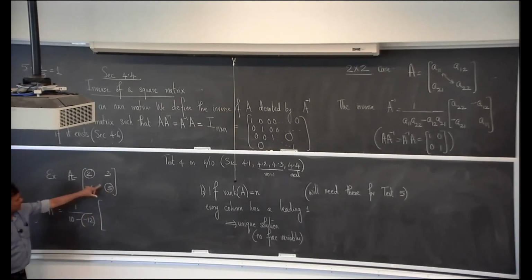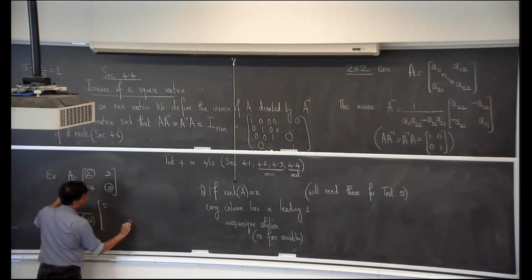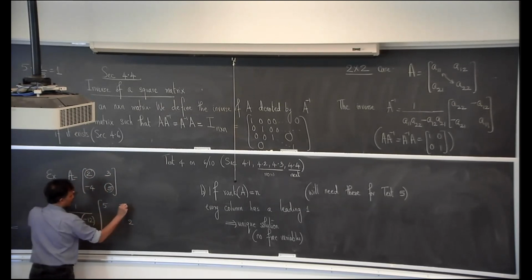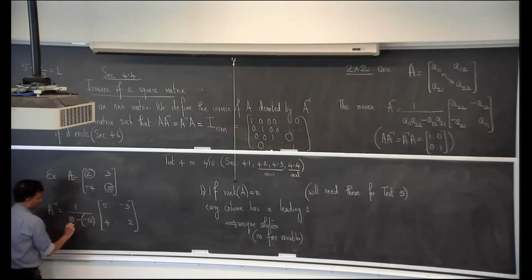So again, interchange those two: the 5 goes to 2, 2 goes to 5. The 3 becomes a negative 3, negative 4 becomes a 4. Of course, 10 minus negative 12 is 22, and you're done.